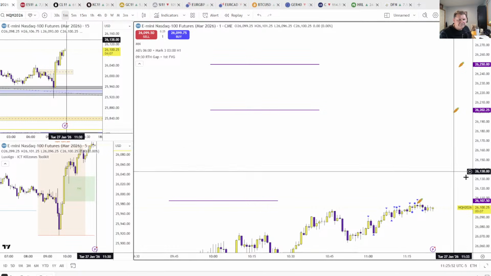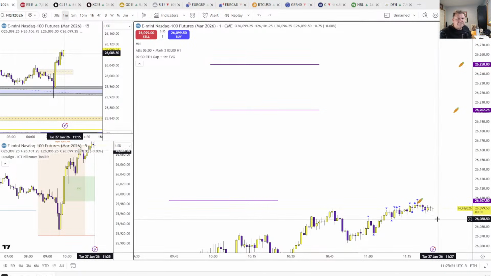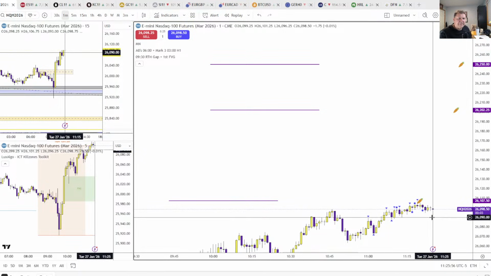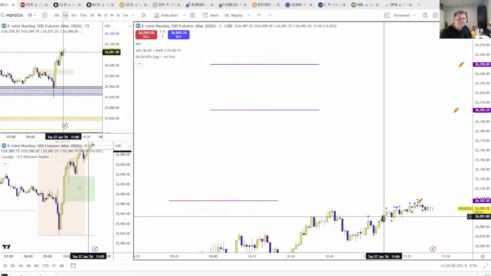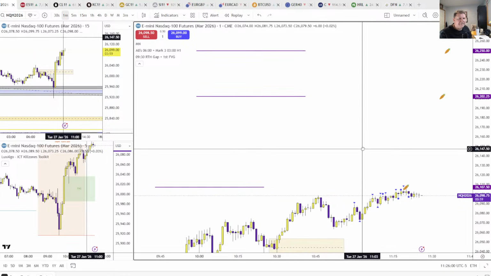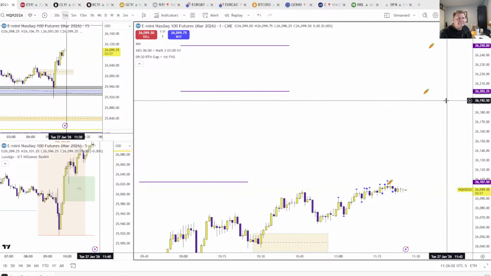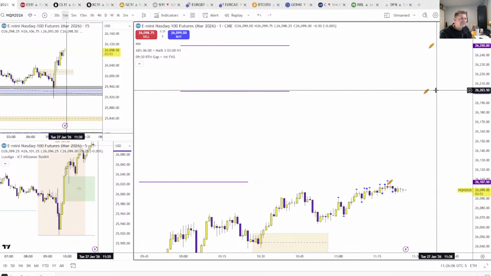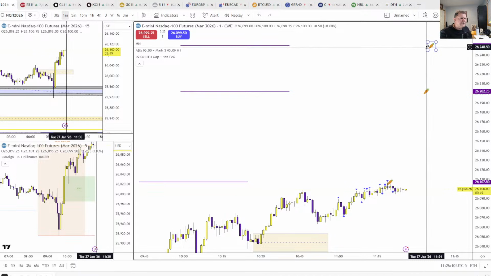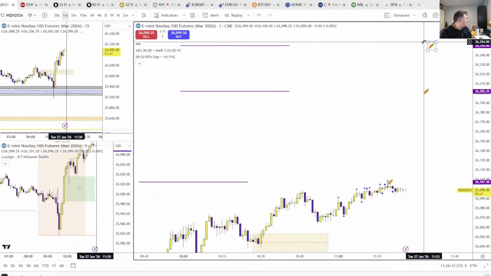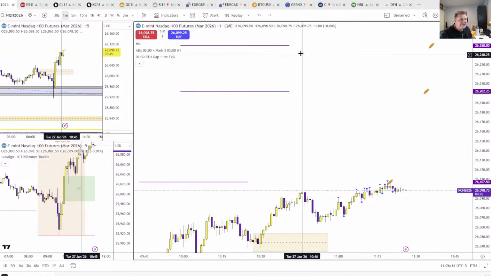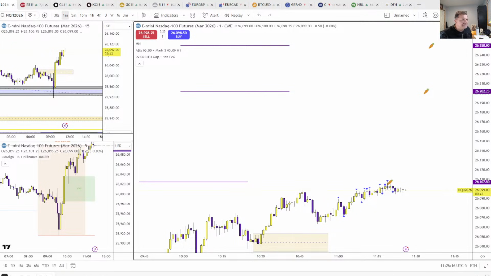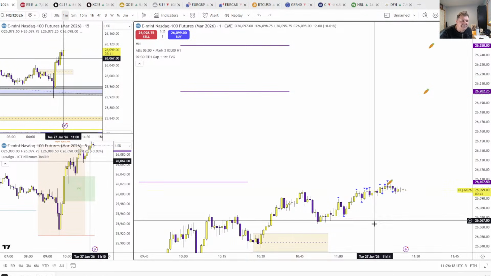Right there. Oh, 2.5 standard deviations, fills in the SIBI on the daily and takes out all those old highs there.